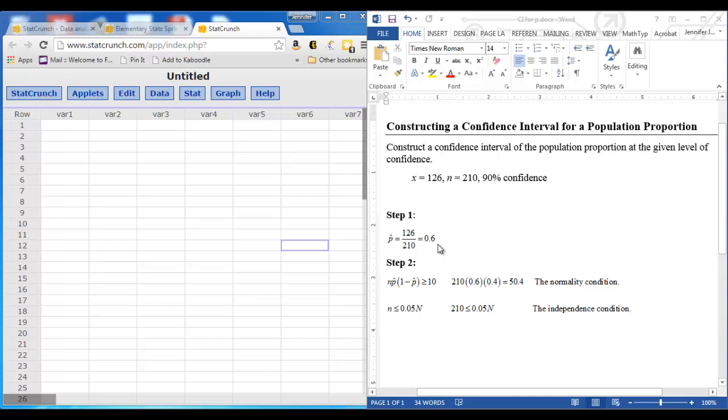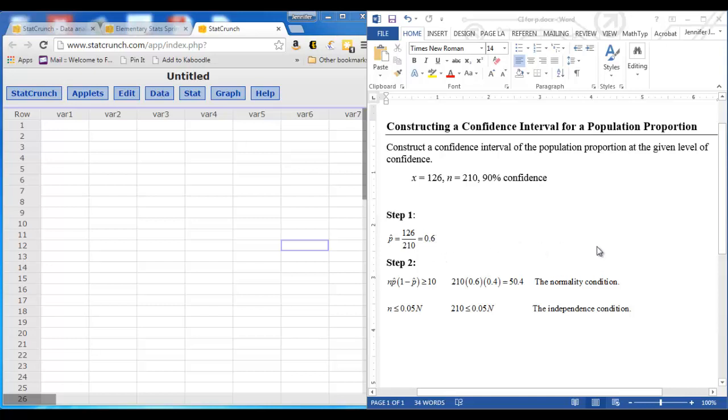In other words, there's a very, very small chance that p hat and p would be the same value. This is why we need to construct a confidence interval. So instead of reporting one number, we're going to report a range of numbers that we believe the population proportion to fall within.